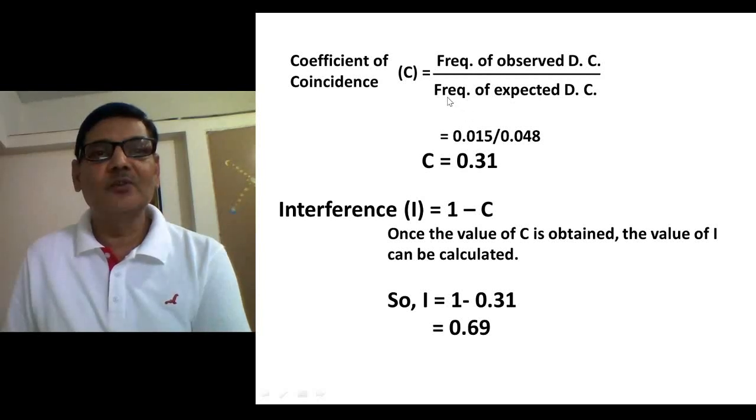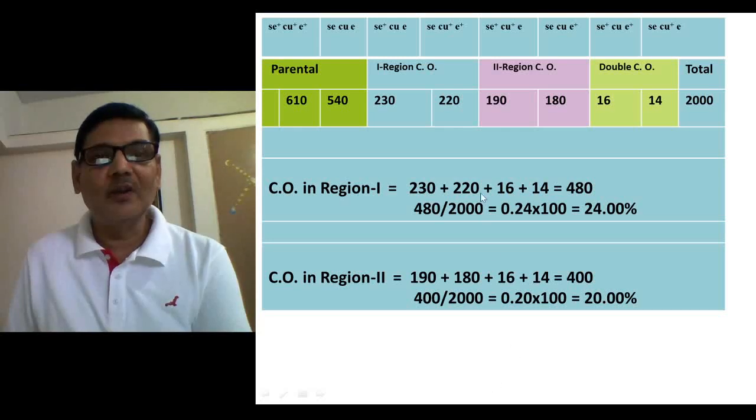And then we can also calculate the expected frequency, and expected frequency can be calculated from the obtained values, like this frequency has come 0.24 in the first case and 0.20 in the second region. So 0.24 into 0.20, which means we have to take the frequency actually, not the percentage. So it has come 0.24 for the first region and 0.20 for the second region.